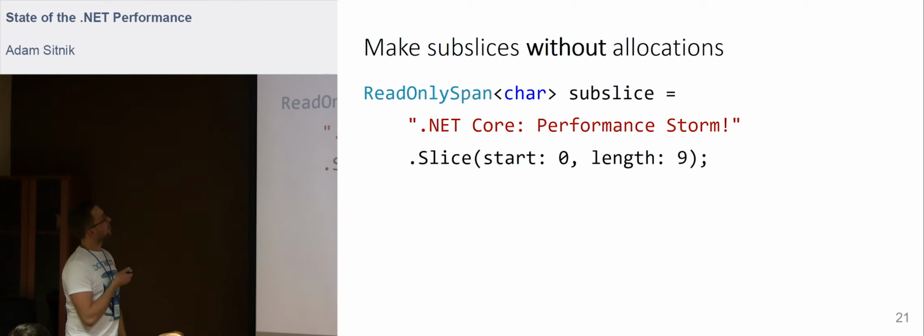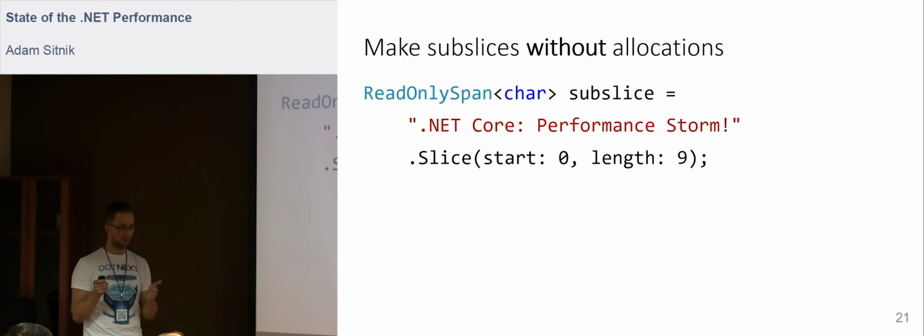And speaking of subslices, such a simple operation like creating a slice out of the string is no longer a copy of memory. Because if you want to substring, you allocate a new string, and then the content is being copied. Here is just simple pointer arithmetic. So you just add an offset. And every method inside Span is implemented based on pointer arithmetic.